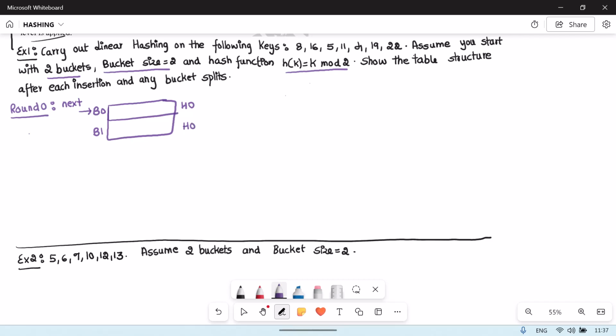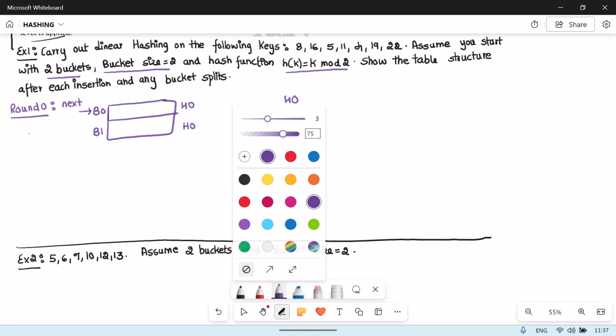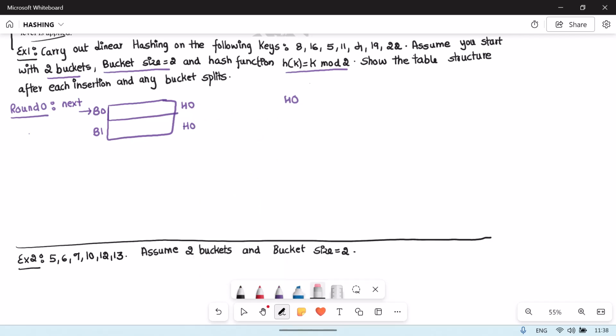So we are applying the h0 function, h of k is k mod 2. That is the initial one. The first element is 8.